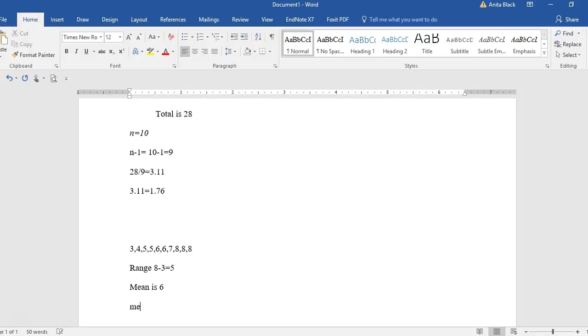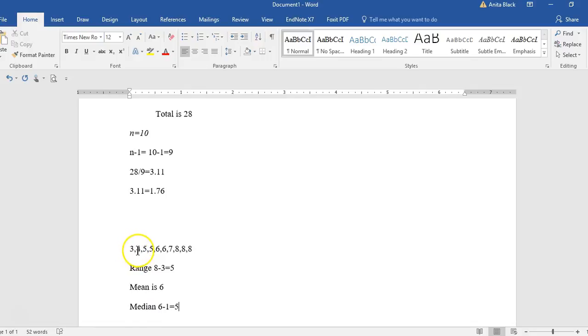Now, if we want to look at the median, remember how we do that? The total number, which is 10, minus... I'm sorry, the mean, which is 6, plus 1... I'm sorry, it's 6 minus 1 is our median. Remember, now this is not the median, but this is how far we're going to count in to find the median number.